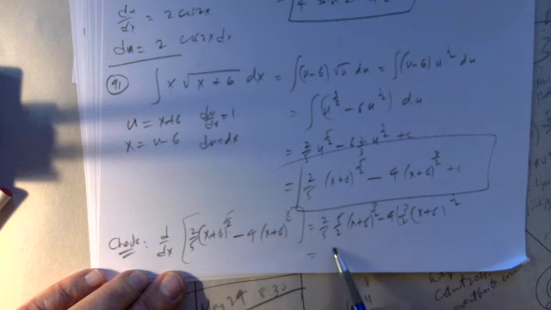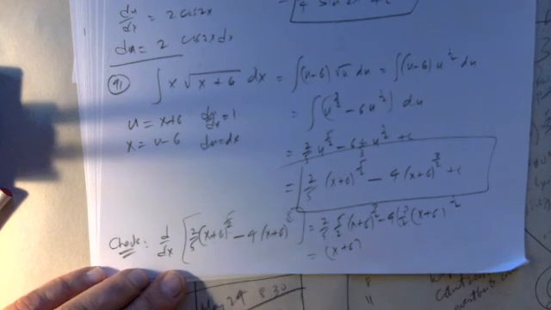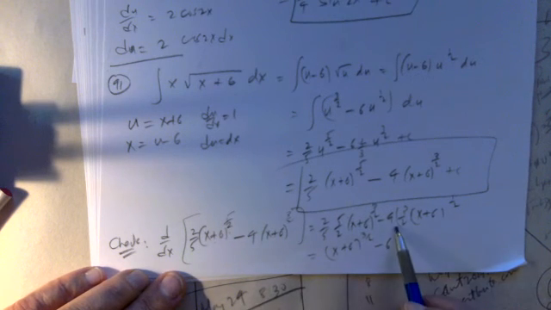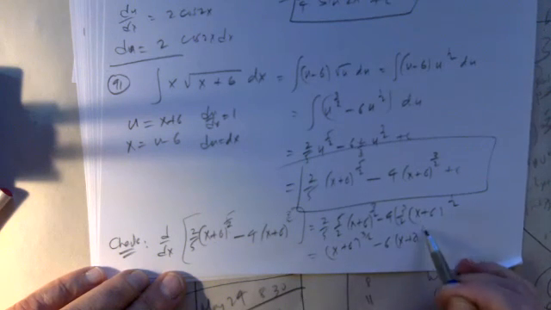This is (x plus 6) to the 3/2 minus 6 (x plus 6) to the 1/2.